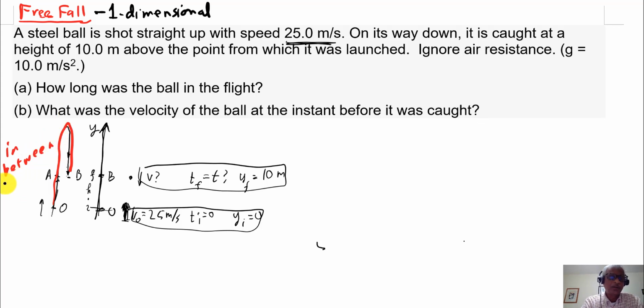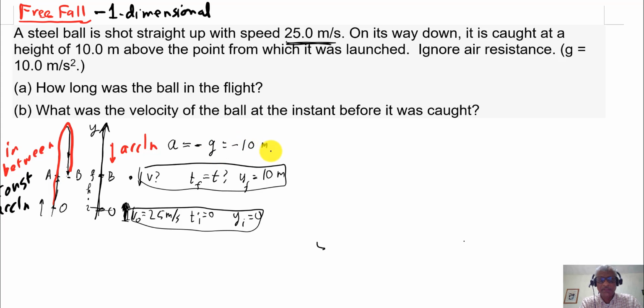We have a constant acceleration. And acceleration here is actually pointed down. Its value, because this is one axis and the direction we take into account by putting a negative sign, is minus g, which we've been told is 10 meter per second squared.